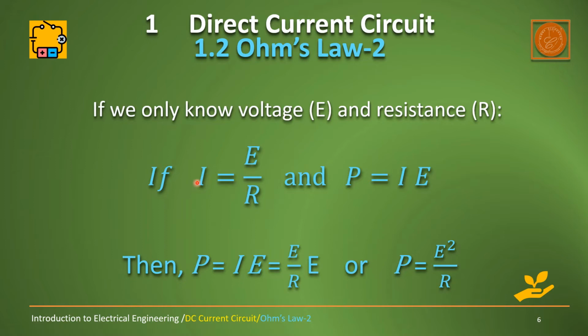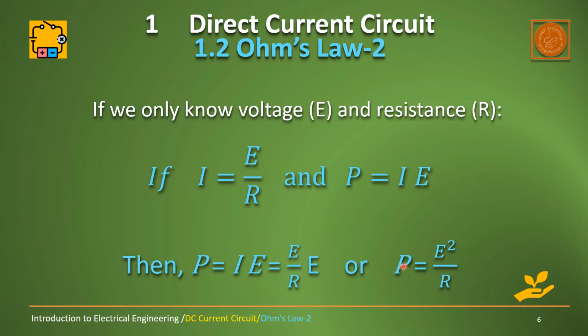We know the current equals E divided by R, and the power equals I times E. So we can use this formula for the current to replace the I in the power formula. So P equals E divided by R, then times E. Then we get two E's here.